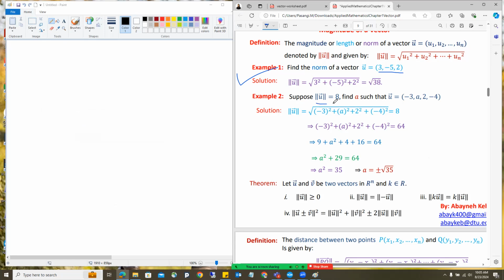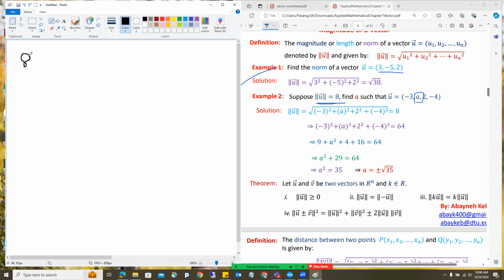They have given us the magnitude of the vector and they have asked us to find out the vector. This given vector is a 4-dimensional vector because we have 4 units: minus 3, a, 2, minus 4. The only value which we need to find out is a. So how are we going to do that?